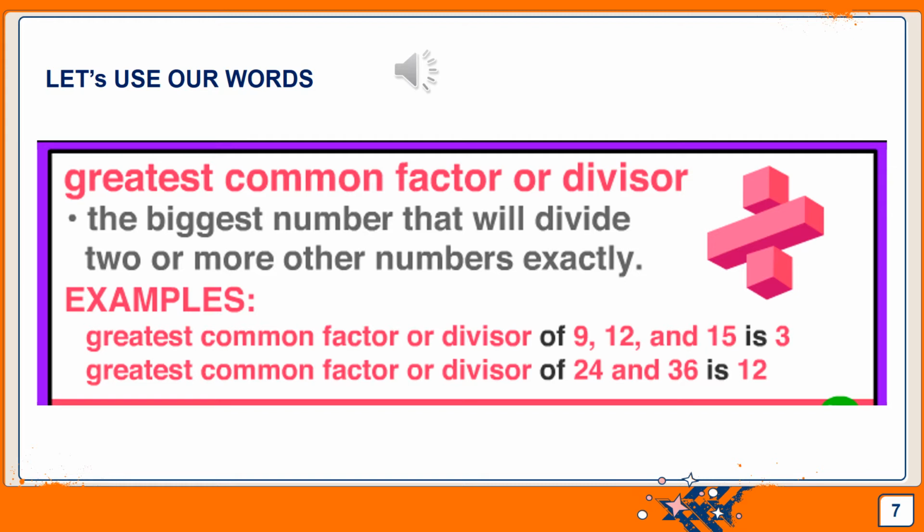Don't worry too much about that. We're going to do more with that later. Main thing is that it's the biggest number that will divide 2 or more numbers exactly. So we now know that some of the words that we looked at earlier are starting to make sense. It'll make a whole lot more sense later, but we have now broken it down and started putting it back together.